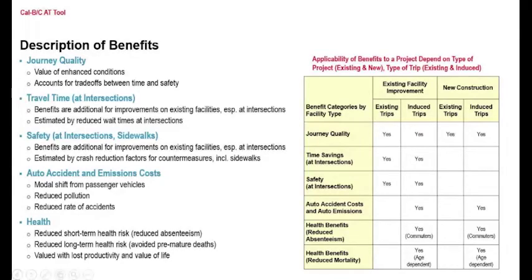In addition, there is a health benefit due to being more active. If you move from an auto mode to an active transportation mode, then there are two kinds of health risks that are affected. One's more short-term, which is, hey, there are fewer sick days, you're showing up in your job, you're productive because you're just healthier.